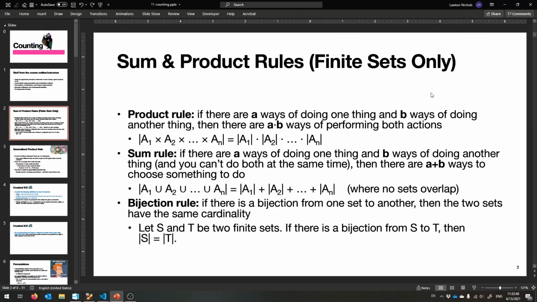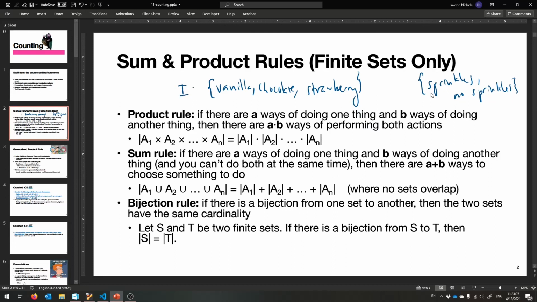So say you want to choose, I don't know, an ice cream. That's like your first set of things that you get to choose from. And then you can choose if you want sprinkles or something. So I for ice cream and S for if you want sprinkles.